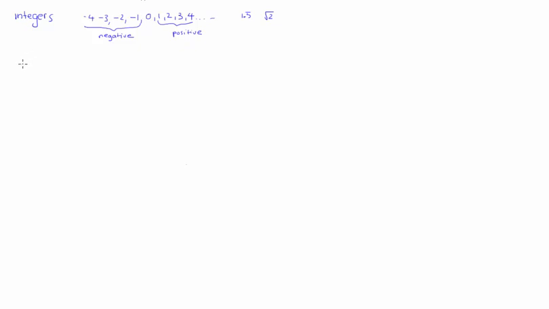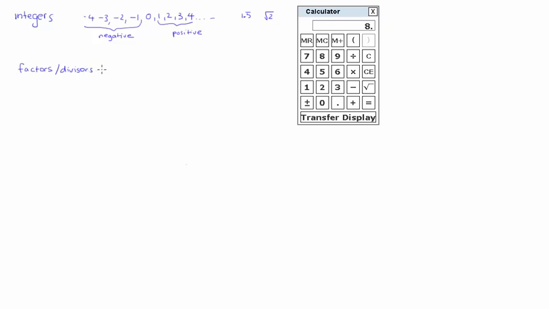Next term we're going to investigate is factors. Factors or divisors. Factors and divisors are simply numbers that can divide another number. So for example, what are factors of 24? Factors of 24 are numbers that can divide 24.